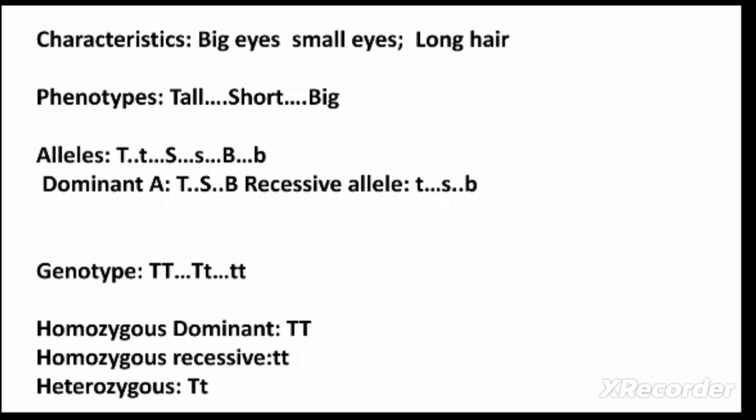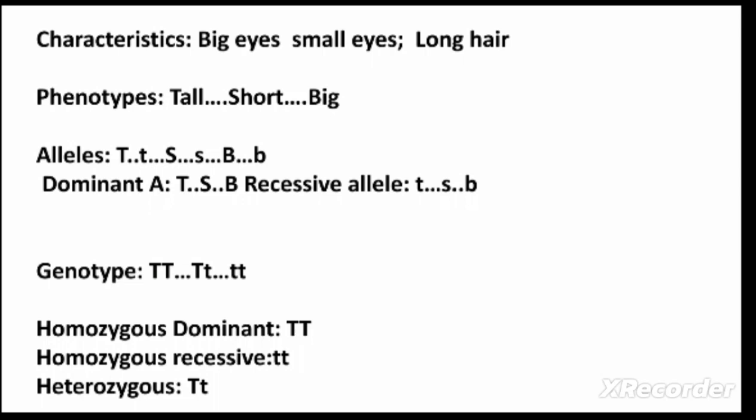So homozygous dominant is the same two capital letters, for example, TT. If they tell you being tall is controlled by a dominant allele T, and a man is homozygous dominant, and they ask for the genotype of the man, the genotype is going to be capital letter T, capital letter T.